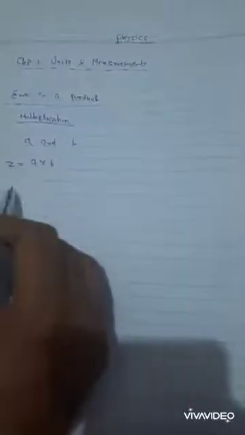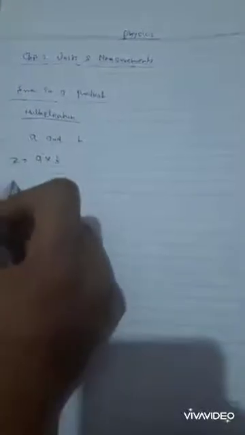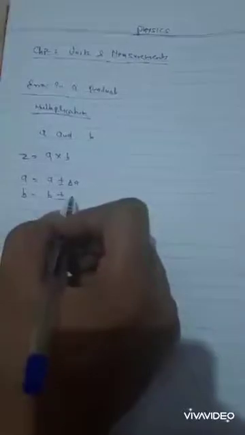So let me multiply them both, and the product of this is denoted by Z. And we are talking about error. So if we measured A, it's obvious that it has some error. So A will be A plus minus delta A. Same with B. So B will be B plus minus delta B.